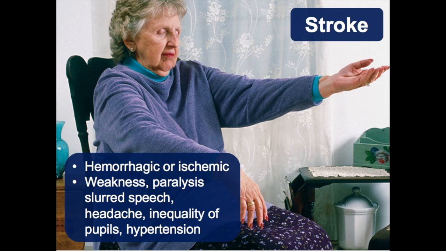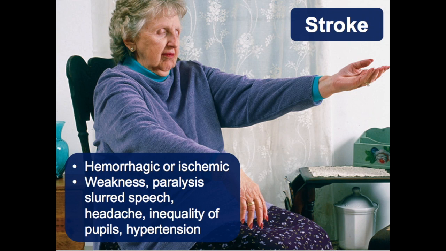Minor visual changes where the patient says, "Oh gosh, the right side of my vision is just off, or it looks a little dark, or it's blurry." Any complaints of numbness, tingling, weakness, especially when it's localized or on one side of the body, are red flags that should really get you thinking about the possibility of a stroke.